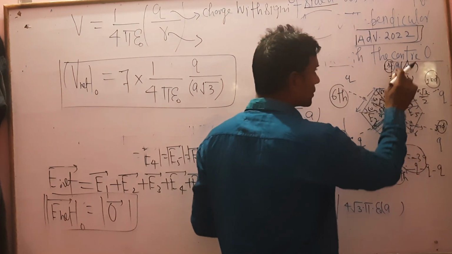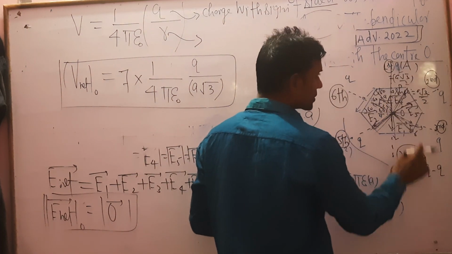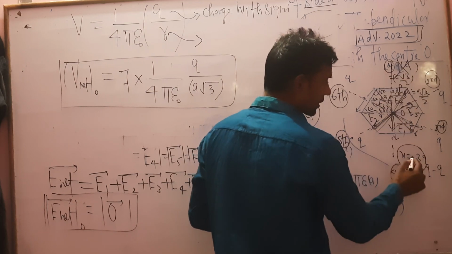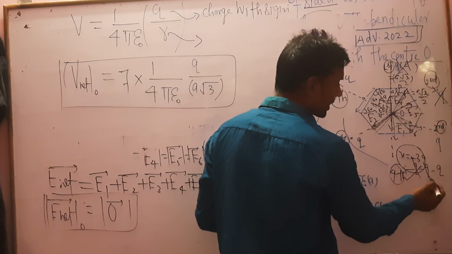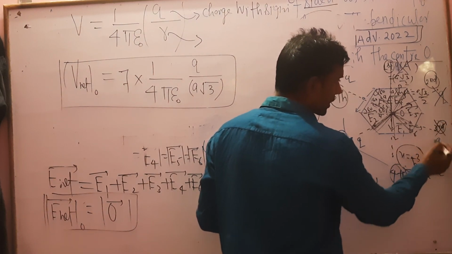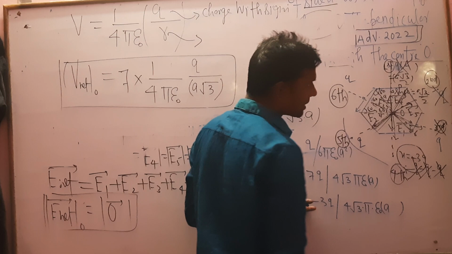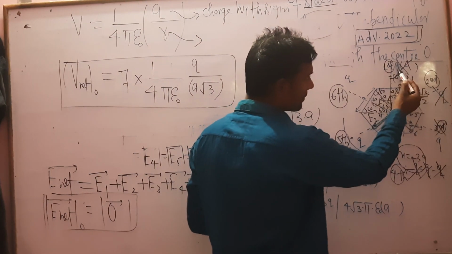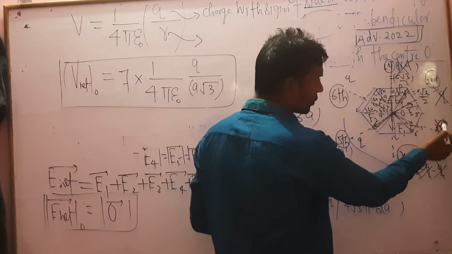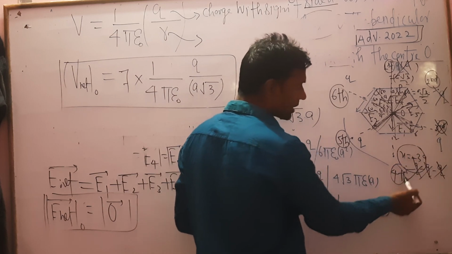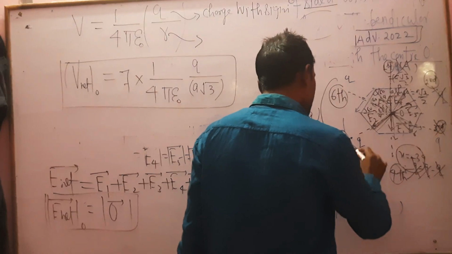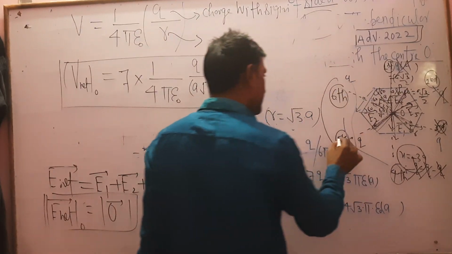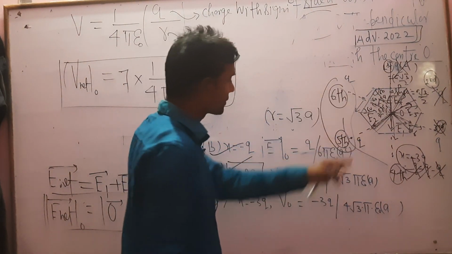The potential due to plus q and minus q cancels out, and similarly for the other pairs. So the first, second, third and fourth charges are removed, and we only keep the sixth and fifth charges, which are q charges.